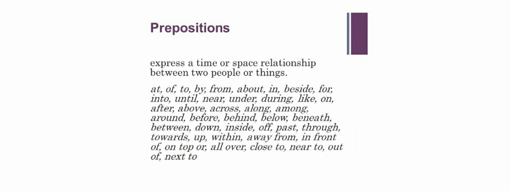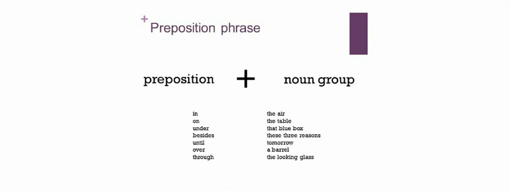So, a preposition phrase is a preposition plus a noun group: in the air, on the table, under that blue box, besides these three reasons, until tomorrow, over a barrel, through the looking glass. That's a preposition phrase.